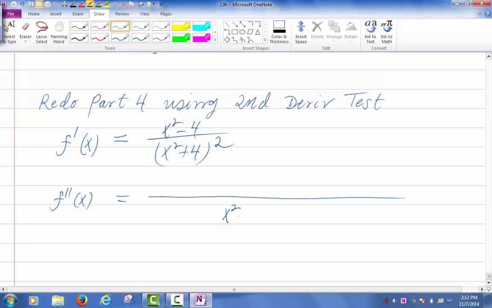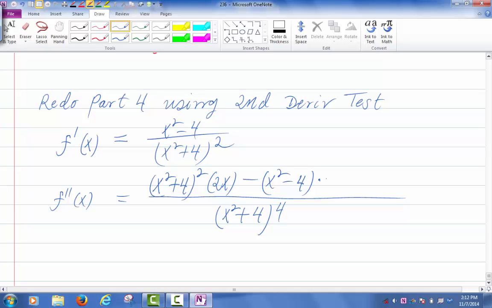So what am I going to get in the denominator? In the denominator I would be getting x squared plus 4 to the 4. I have to square the denominator, and then I will have the denominator multiplied by the derivative of the numerator minus the numerator multiplied by the derivative of the denominator.